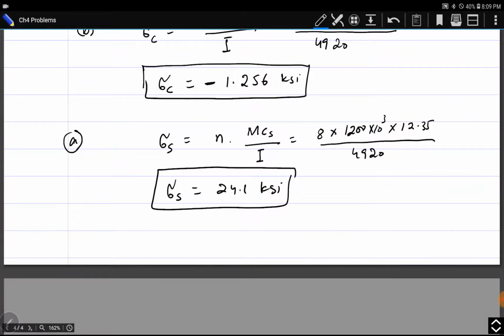And if we plot it here, this is the T section. I will plot its side view.